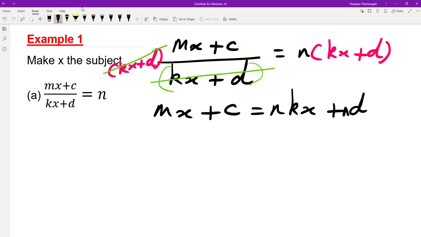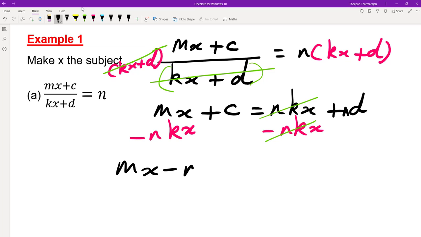Now I'm going to take nkx on the other side, so I'm going to minus nkx on both sides of the equation. Now they will cancel out, so I will end up with mx minus nkx plus c equals nd.